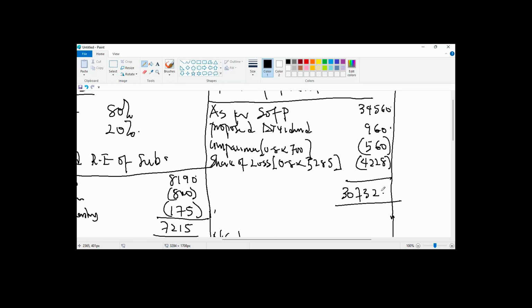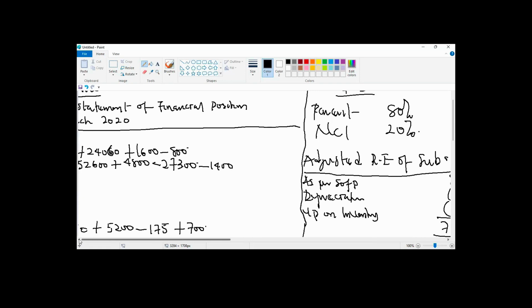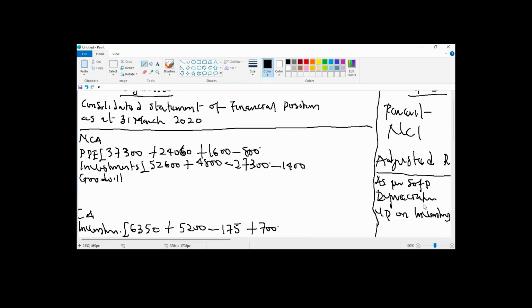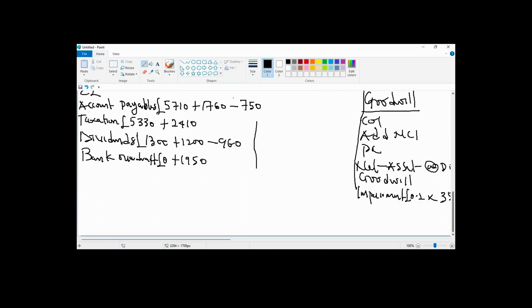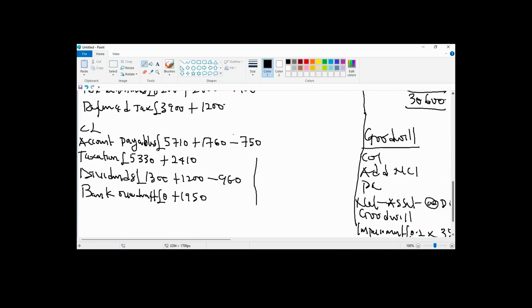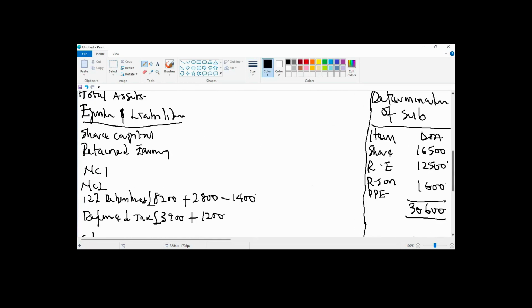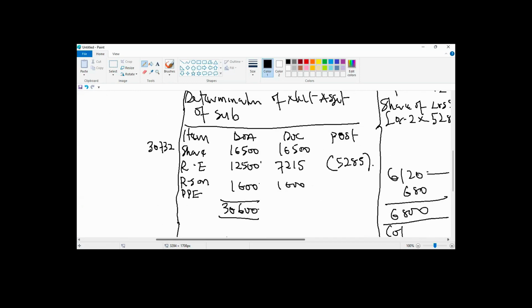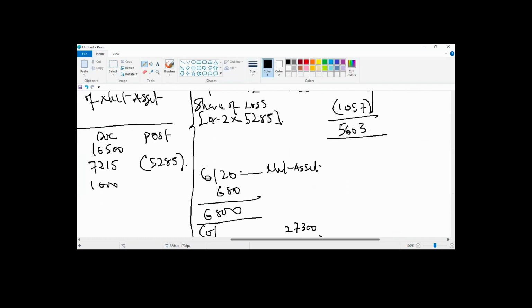That is 732 to the parent. Party, 732. NCI, let's go and look at the NCI figure. 5603.